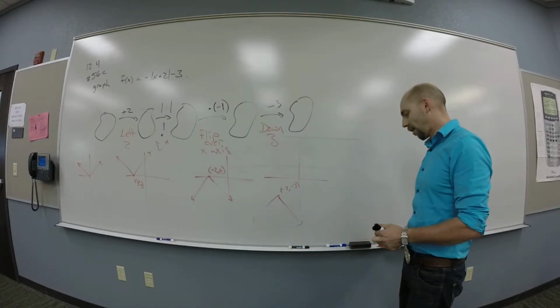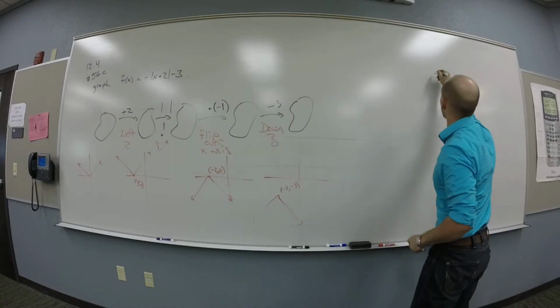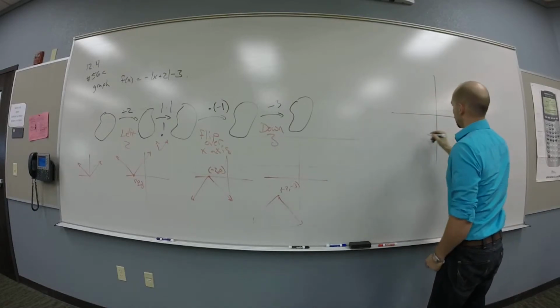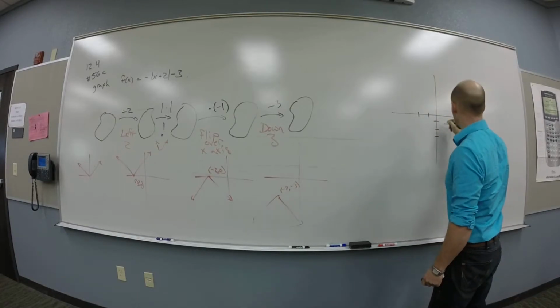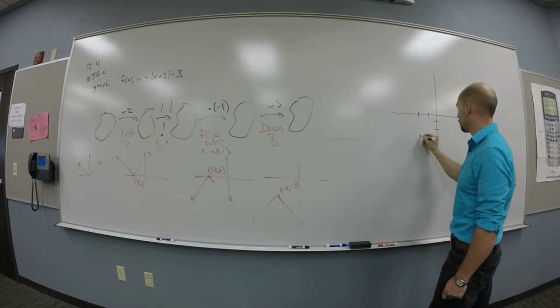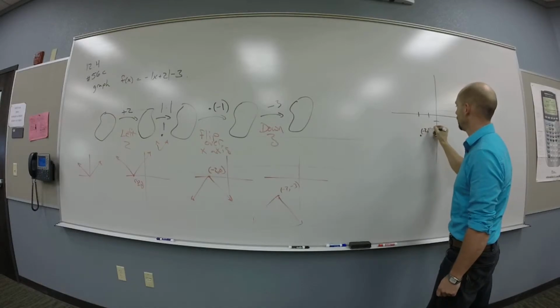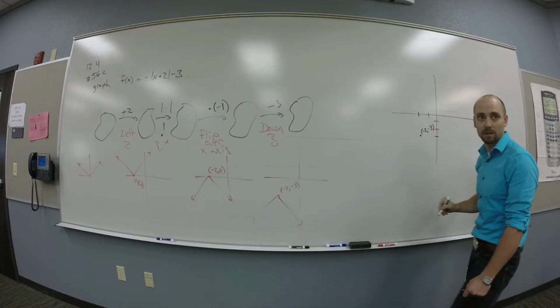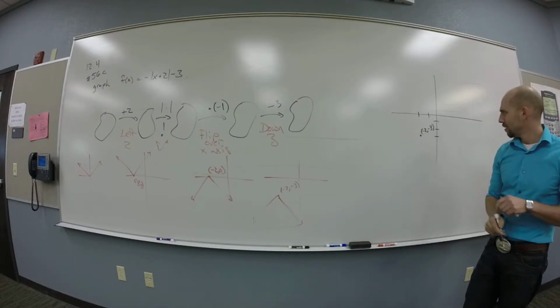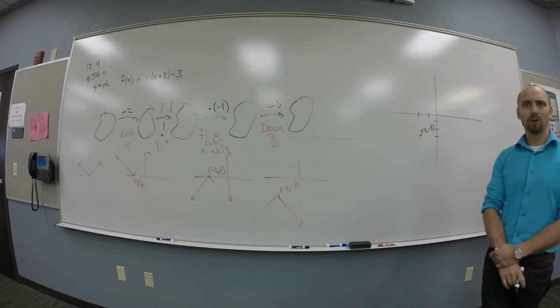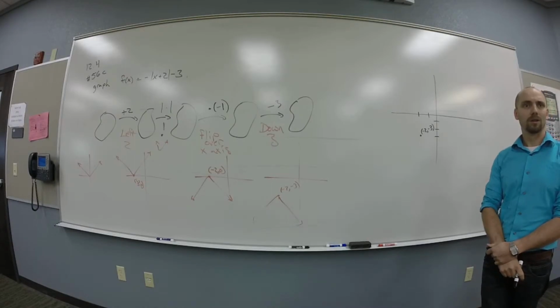So if I wanted a good graph of this, all right, I know that this -2, -3 point is important, right? That's my vertex. And then I should probably put another point or 2 on there to make it a V. I need to know how flat this thing is, right?